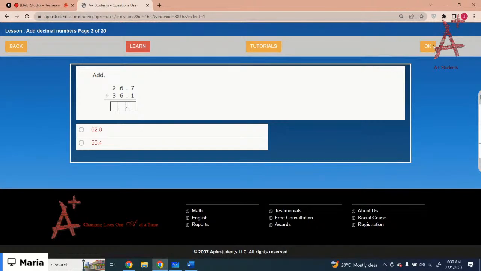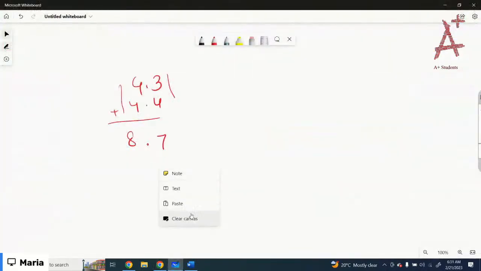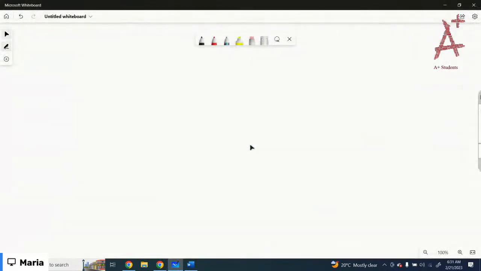Okay, 26.7 plus 36.1. Okay, so start adding from the rightmost digit. 7 plus 1 is 8.